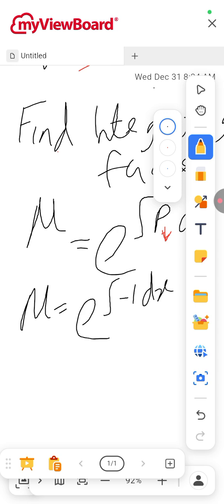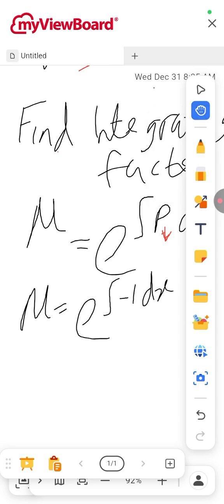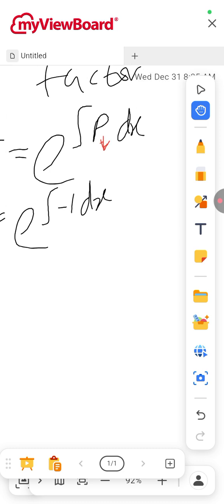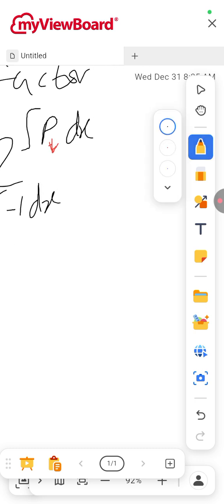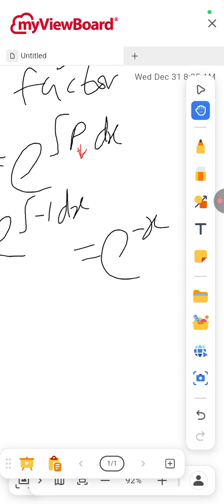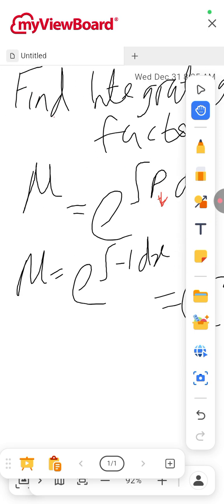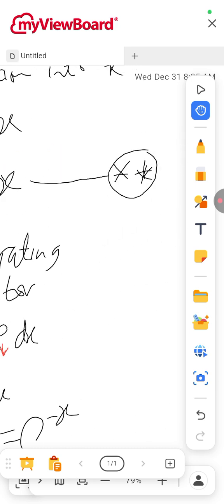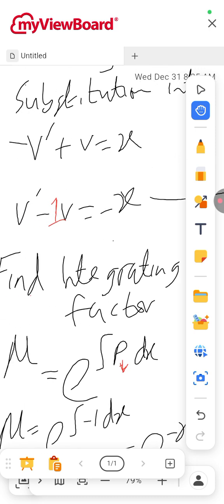If you are integrating a constant with respect to x, the answer is that constant times x. So if you integrate -1 dx, it will give you -1x. So our integrating factor now is e raised to power -x. So that's my integrating factor. The next step is you will now use the integrating factor to multiply this linearized equation in v.